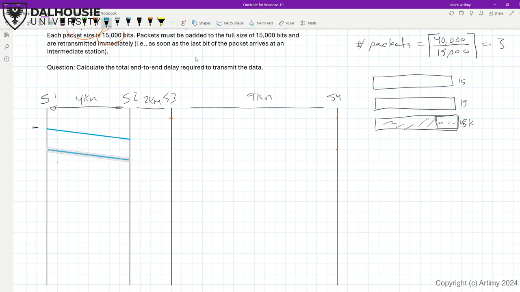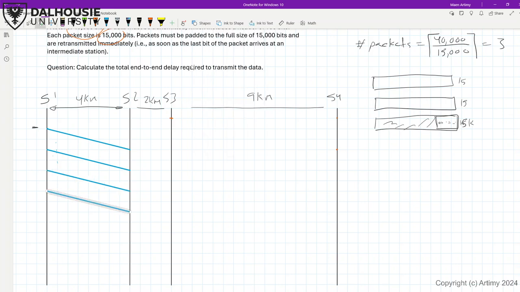Now I still don't know what the propagation time is, but you can figure out that since this is 4 kilometers and this is 2 kilometers, this probably will take twice as much propagation time as the other one. So let's say I am moving this a little bit down here. Again, it may not be an accurate representation, since we didn't calculate the times yet. We'll leave that for later. But here's the illustration: the first packet, the second packet, the third packet. So these are 3 packets.